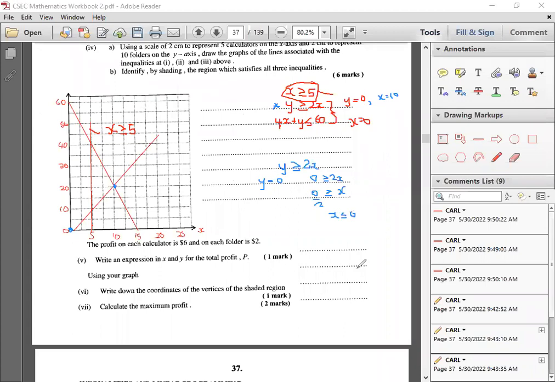But the point here is going to be (0, 0). Now if you try x equal to 0, what is y? You're still going to get y equal to 0.